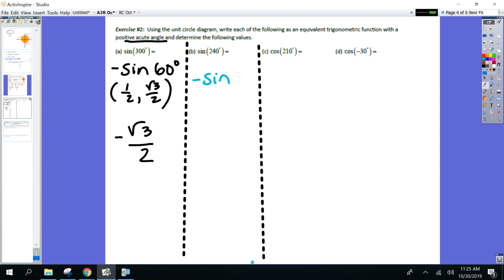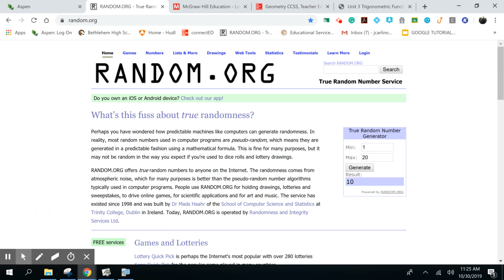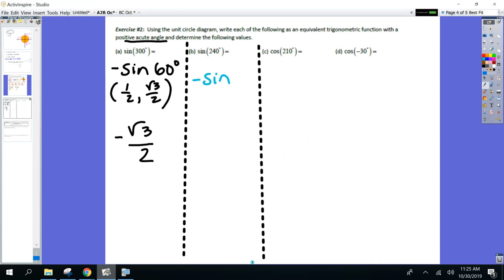So what is the reference angle for 240? If you need to, draw a sketch of it in the third quadrant to help find the reference angle. What is the reference angle for 240? 60 degrees, yep. And I'm not going to ask this again because we just did it in part A. That's going to be the same as negative radical 3/2.